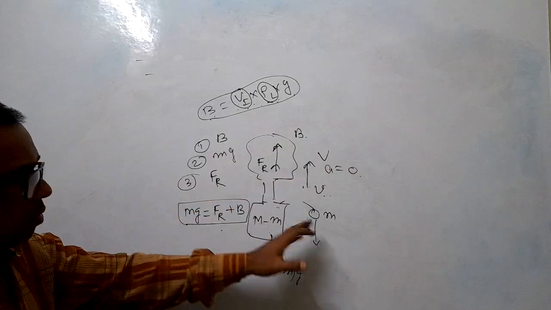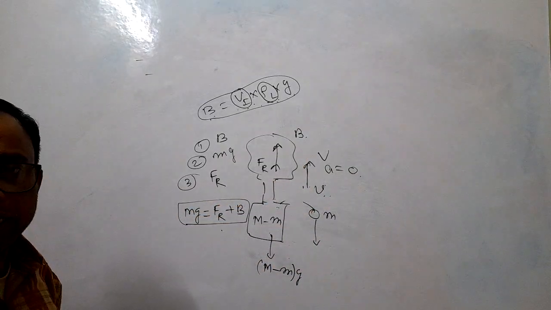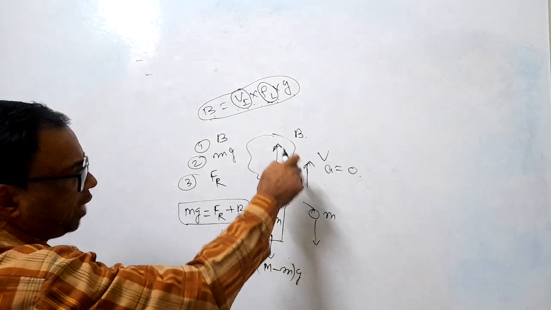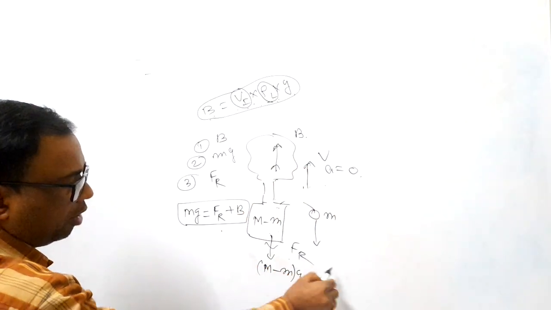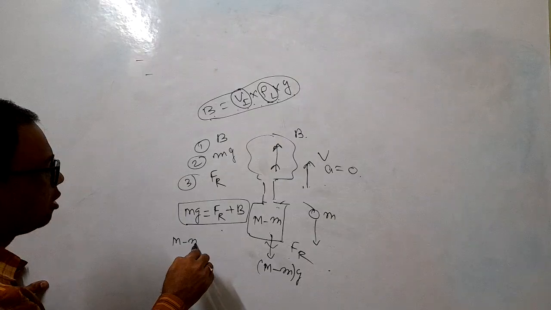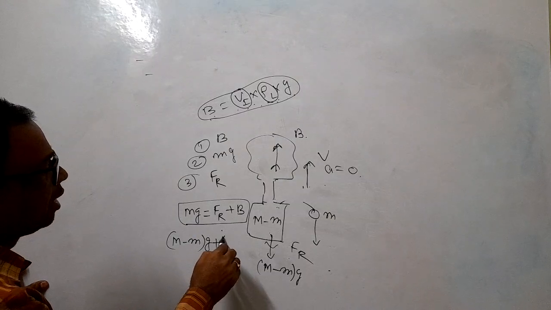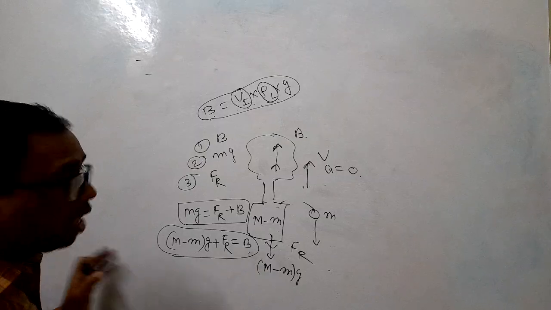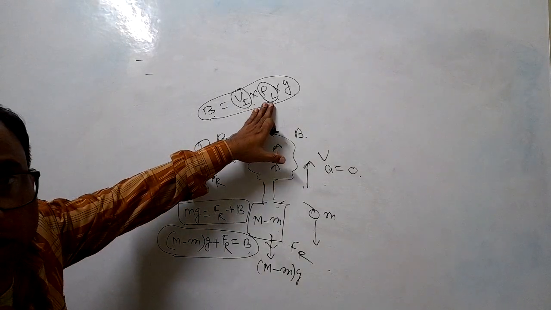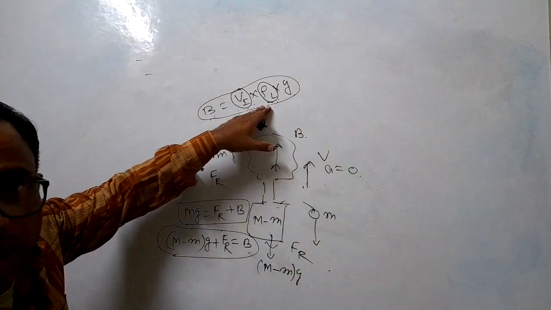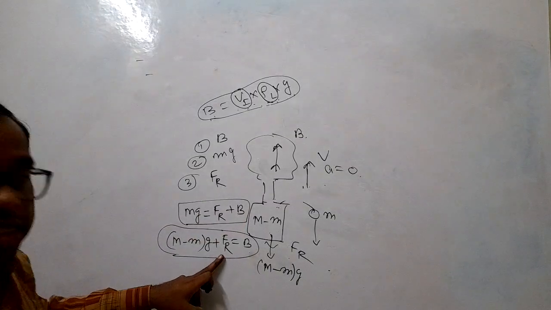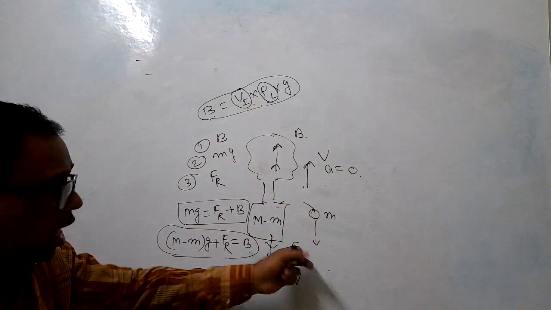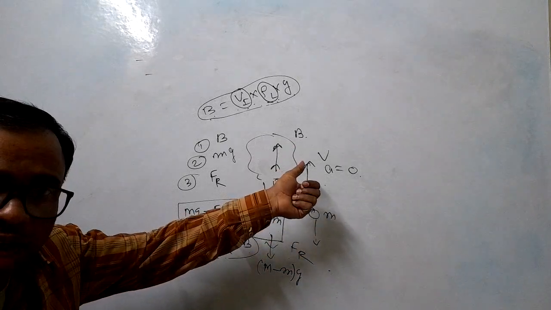Buoyancy is already present, but the velocity changes from downwards to upwards. So the resistance force changes direction, and that is Fr. So now (M minus m) into g plus resistance force equals buoyancy. Buoyancy will not change because buoyancy depends on volume, density of air, and g. Resistance force also has the same value because resistance force only depends on velocity, and with the same velocity it moves upward.